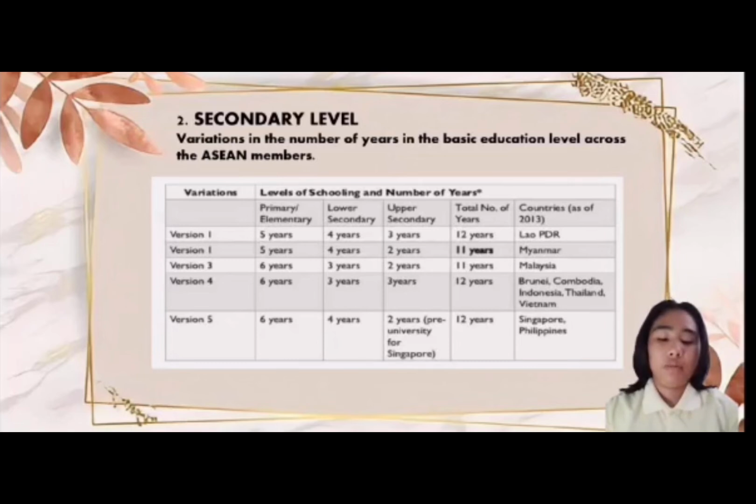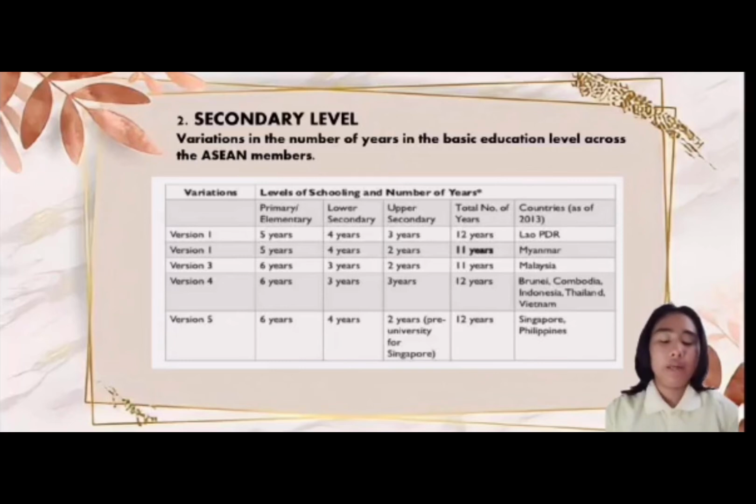Version 2 in Myanmar, 5 years in elementary, 4 years in lower secondary, 2 years in upper secondary, total of 11 years. In Malaysia, version 3, 6 years of elementary, 3 years of lower secondary, 2 years of upper secondary, and total of 11 years.